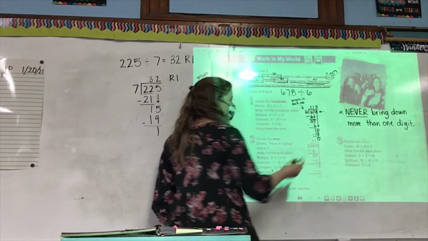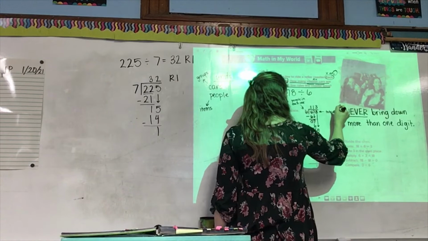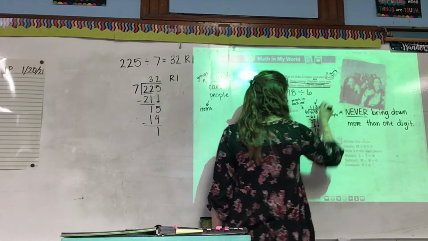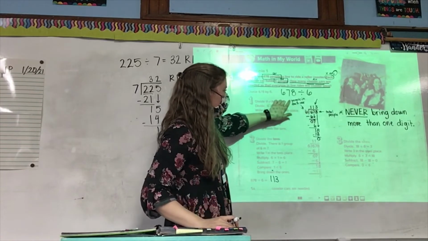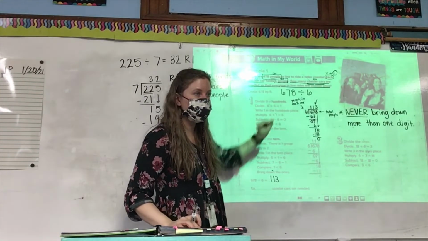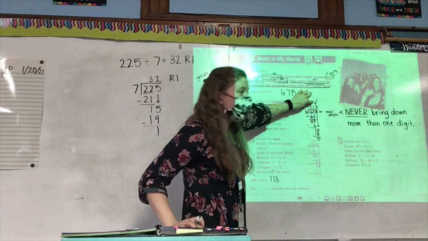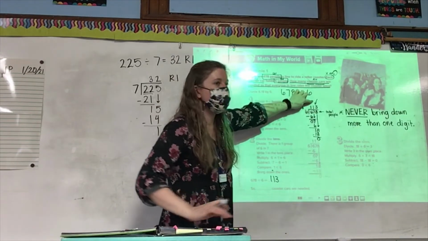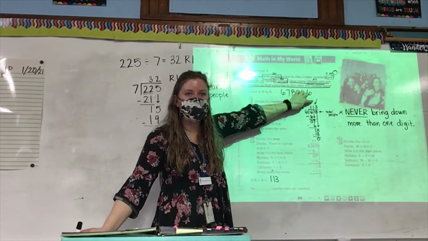The 678 is the total people. If our divisor is the people in each car, the items in each group, then our quotient has to be the number of groups. Class, what is the number of groups? Is it cars or people?